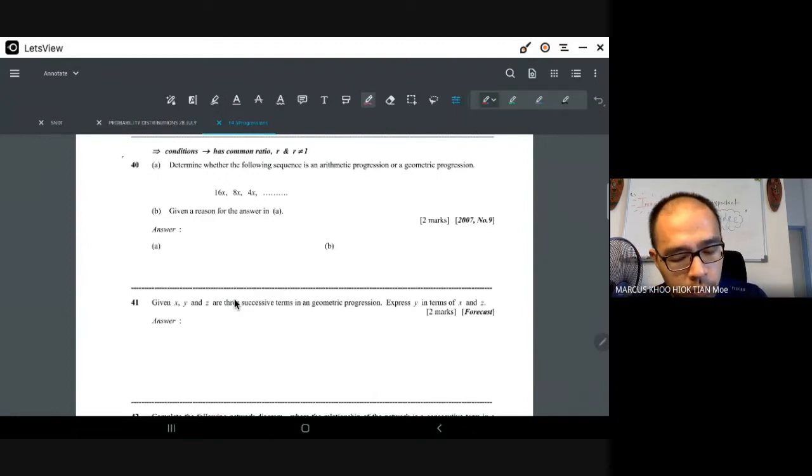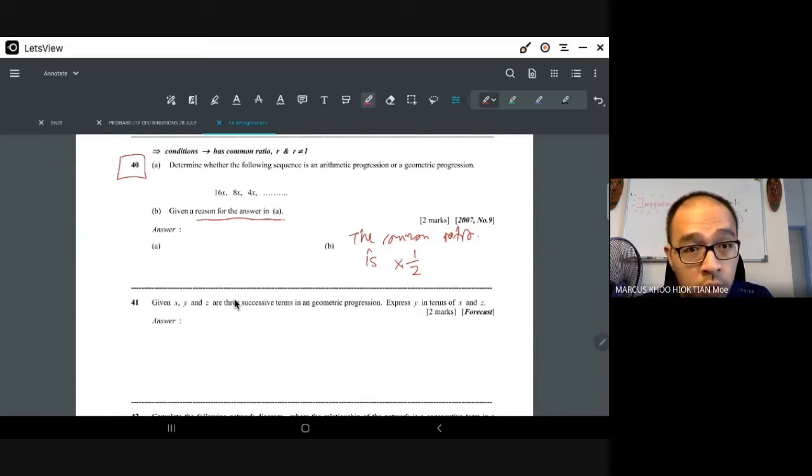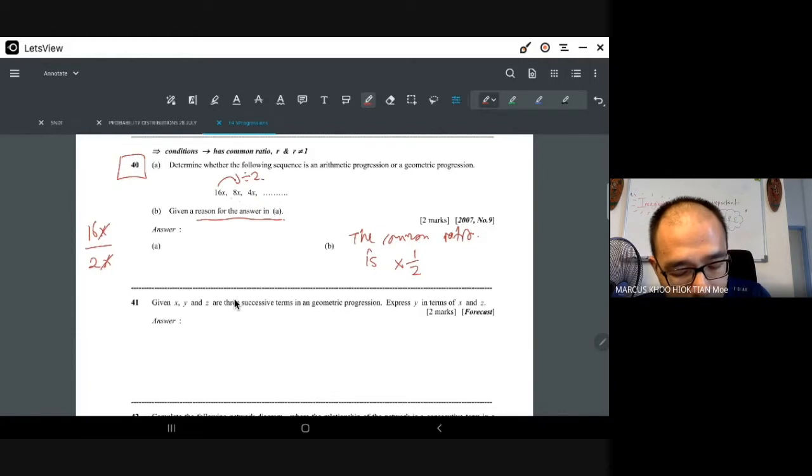Many of you, when you write this, when I ask for the reason, you say, oh, because the common ratio is 1/2. Okay, this is correct. Don't write times 1/2. I know this is divide by 2. Definitely not divide by 2x. Because if you divide by 2x, imagine 16x divided by 2x, the x would be cancelled. But in this case, the x is not cancelled at all. Right? So it is 8x.